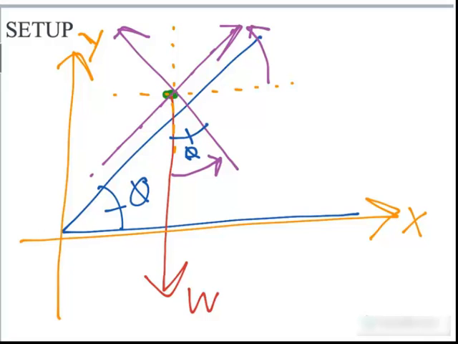So now we need to resolve our red vector force here for our weight into two components, and it will be along this line like so, and this is 90 degrees.